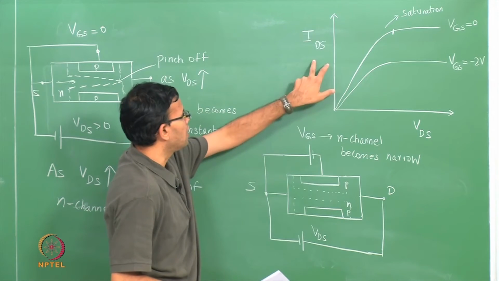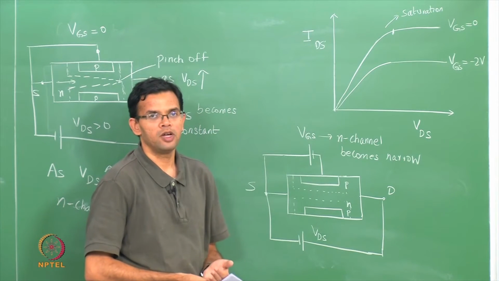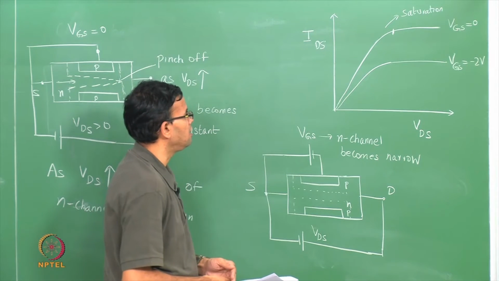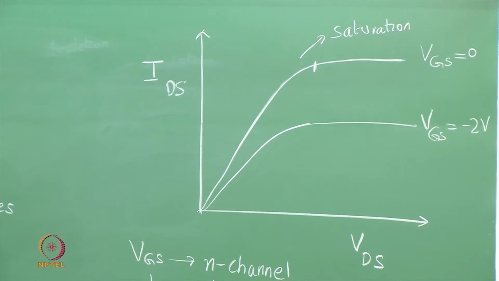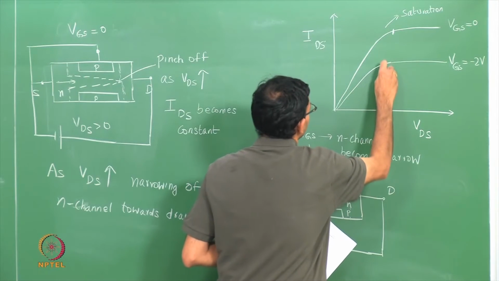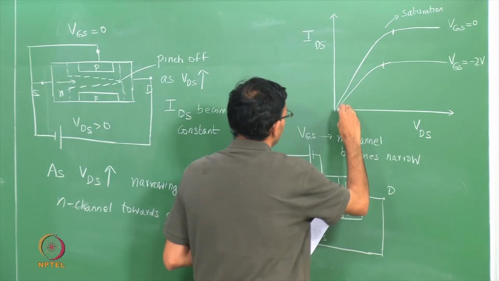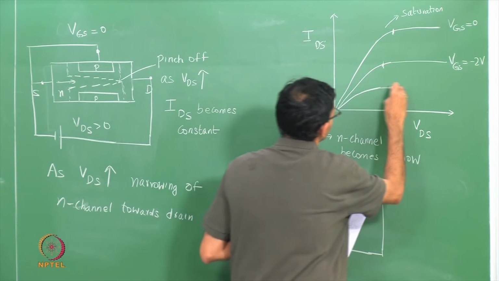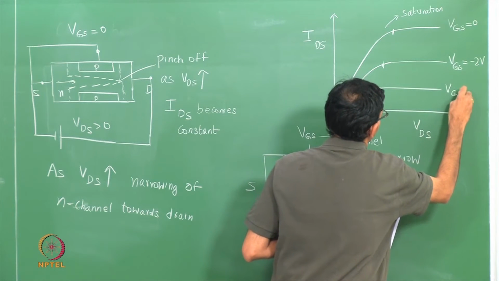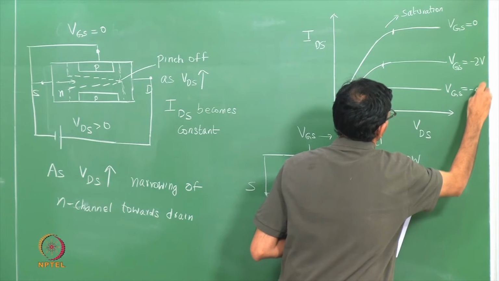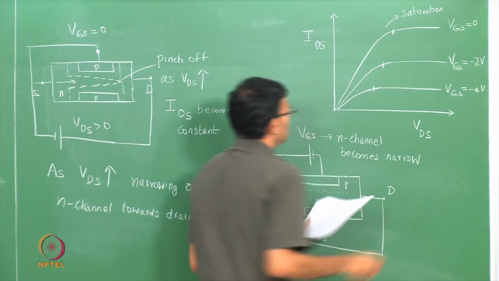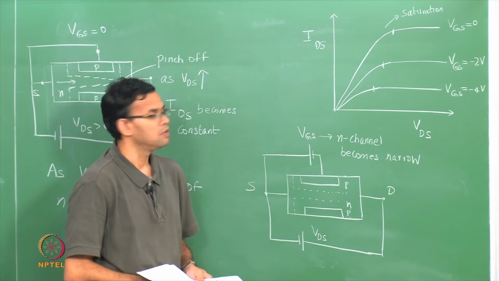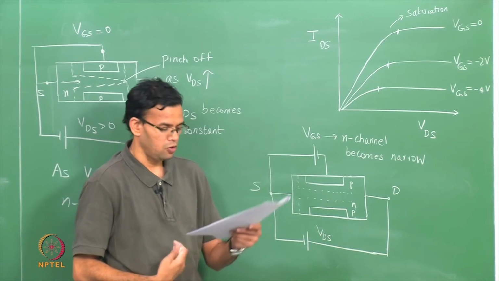Once again your saturation current is lower because you have a narrower channel, and also the saturation occurs earlier. If you increase the voltage even more, so VGS is minus 4 volts, the current will again go down, and saturation also occurs earlier.